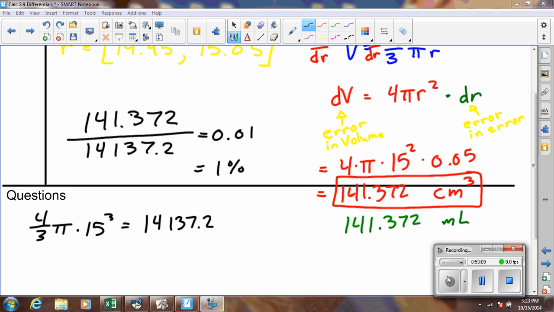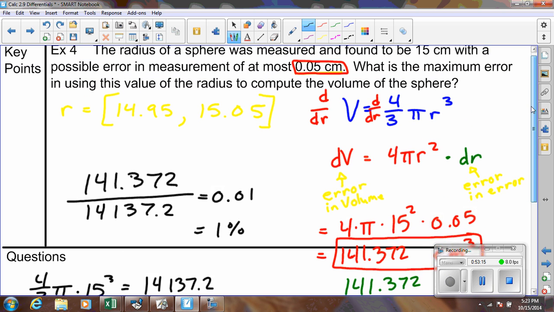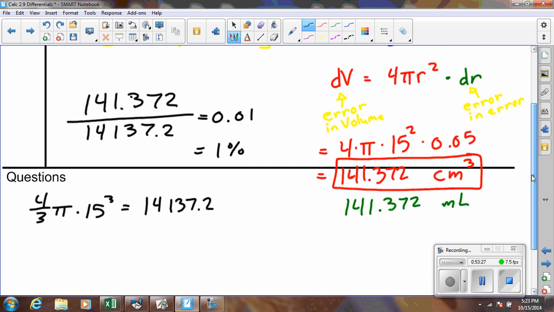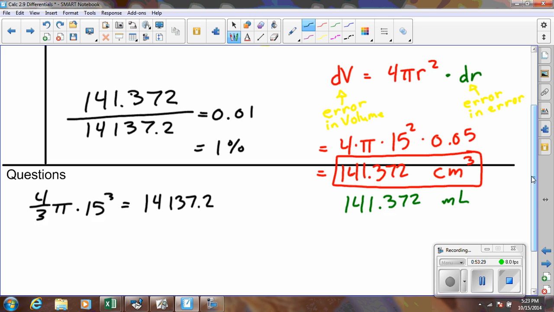So is it really that big of a deal? In the grand scheme of things, if our measurement tool allows us to be off by as much as 0.05 for a radius of 15 centimeters, it would tell us that the maximum error is possibly up to a 1% error.